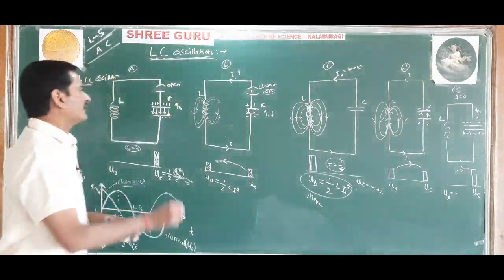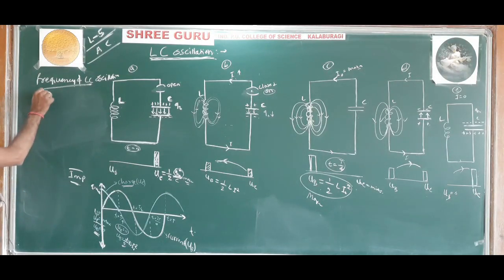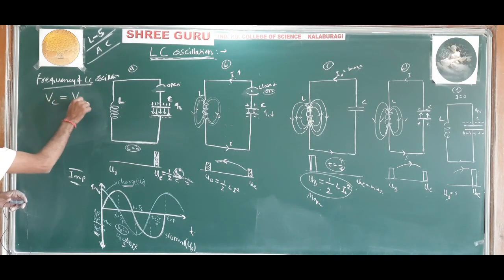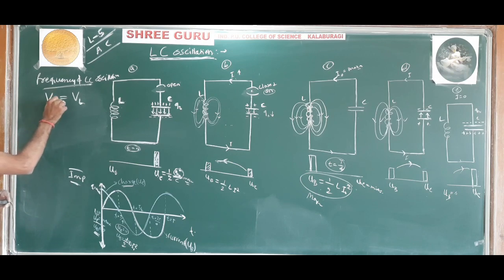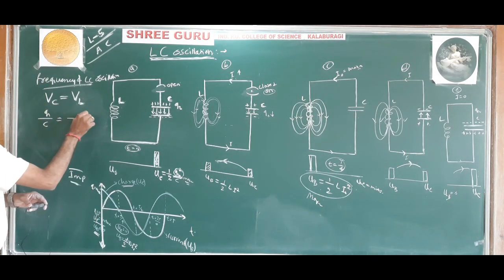As a result, the potential difference developed across the capacitor must be equal to the potential difference developed across the inductor, because they are connected in parallel. Potential difference across the capacitor is given by Q by C, and potential difference developed across the inductor is given by minus L di by dt.